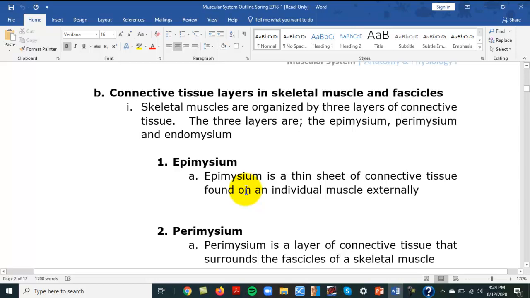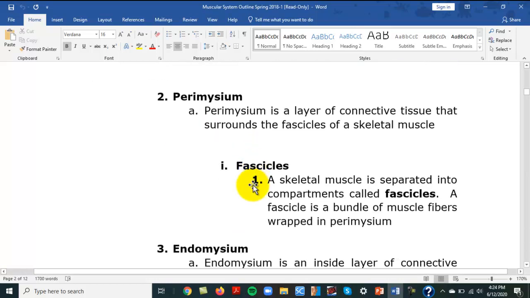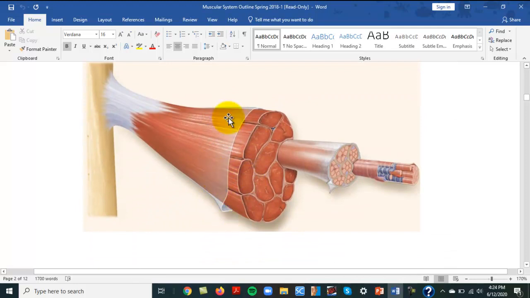Muscle also has layers. The epimysium is the layer. Now, fascia is a layer of connective tissue that covers everything. Now we're talking about individual muscles, but epimysium would be this outer layer. See that white layer, looks like saran wrap, and then there's a tendon.